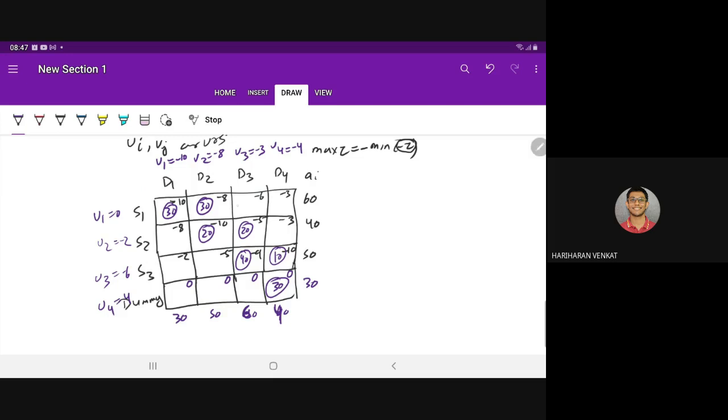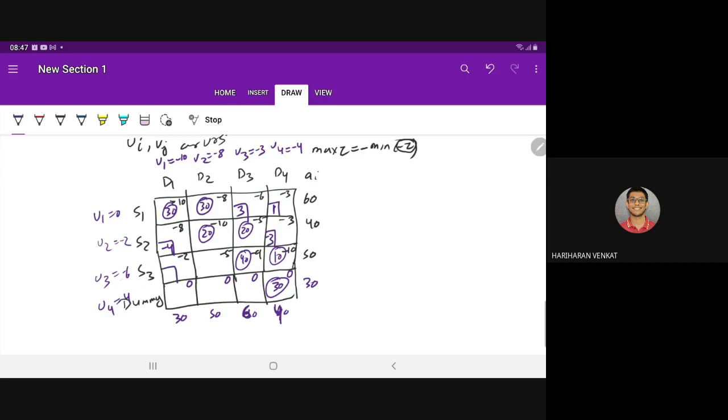So here we have 0 minus 3, minus of minus 6, that is 3. For this we have 0 minus 3 minus of minus 4, that is 1. And here we have minus 2 minus 10, minus 12, so minus 12 minus of minus 8, so minus 4. And for this we have minus 2 minus 4, minus 6, so minus 3.